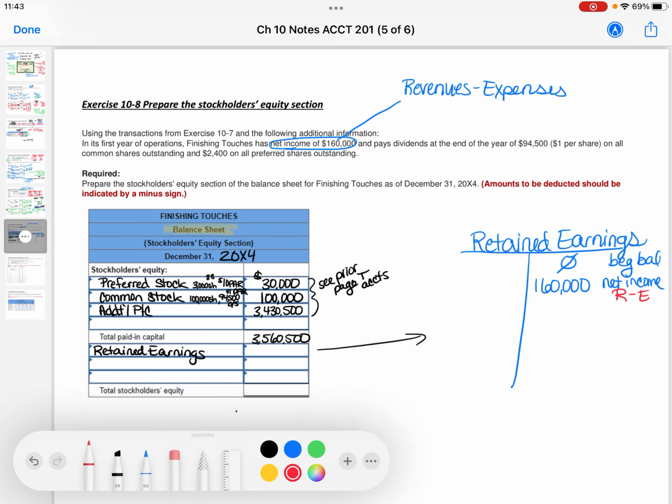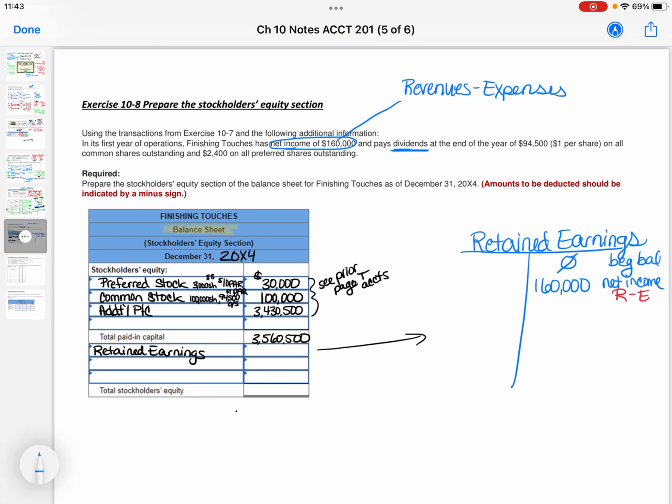So where's the D? Dividends. They give it to us in this problem. They say that there's $94,500, which is $1 per share for common, and then $2,400 for preferred. And if I remember correctly, preferred was 8%, $10 par. So remember, $10 par times 8%, that would give us $8 per share.